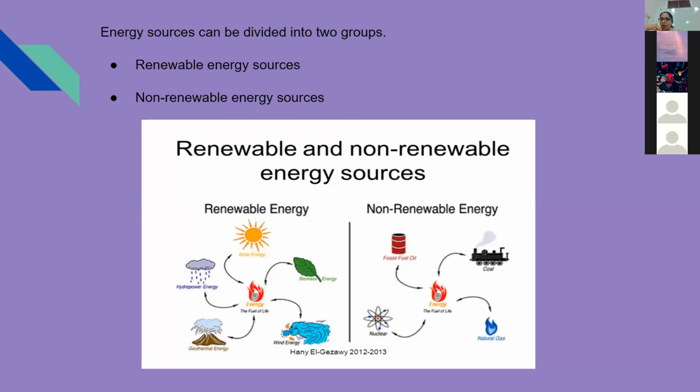Yes, Danidu? A vehicle operating from a solar battery. Yes, a solar battery means we produce electricity by using solar power and then we can store electricity in solar batteries. Right? Street lamps operating from solar batteries.